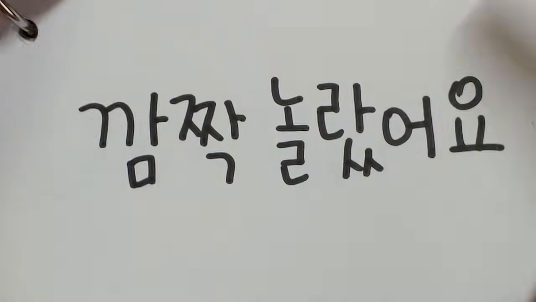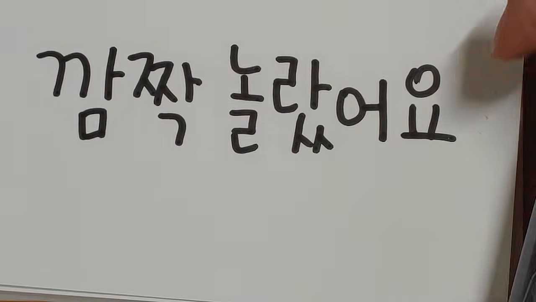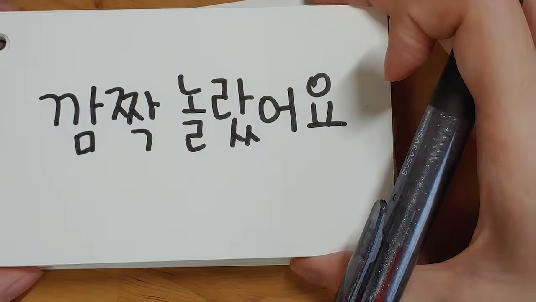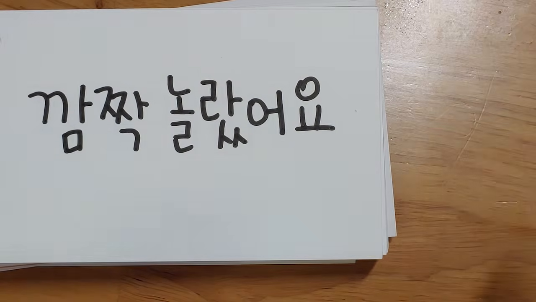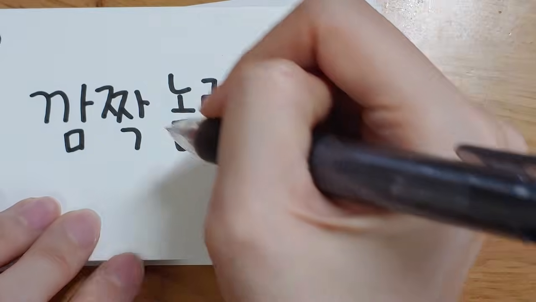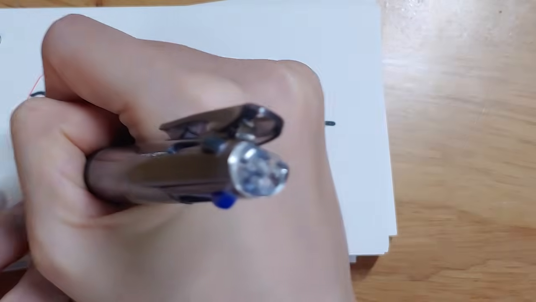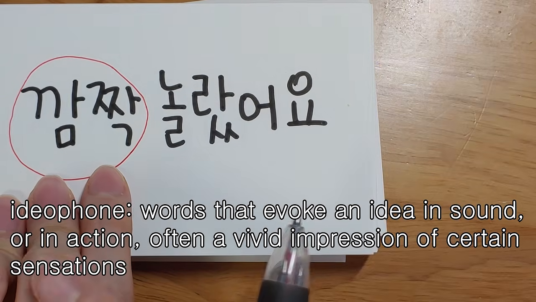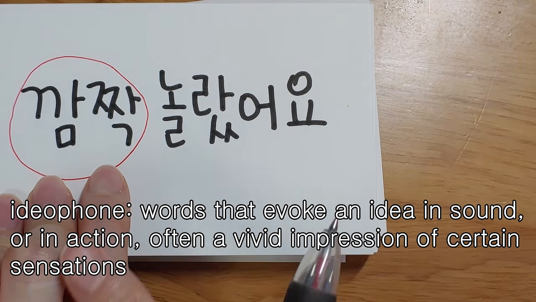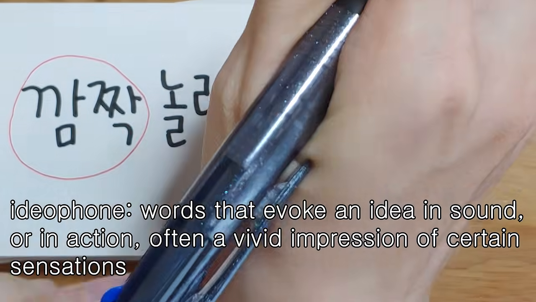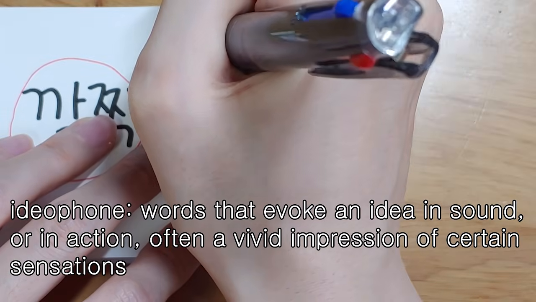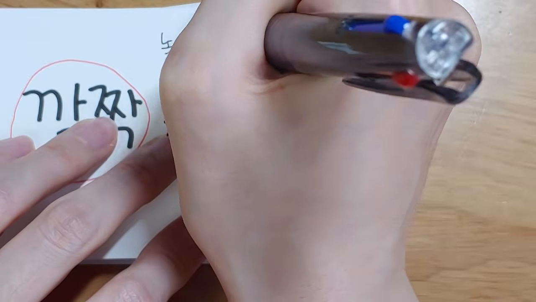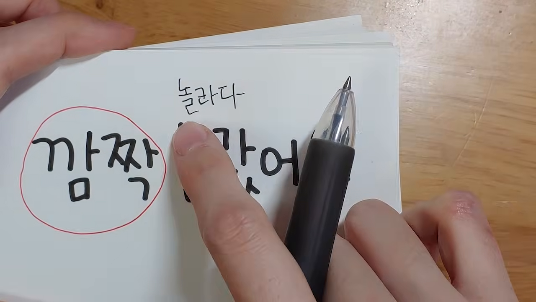And let's look at this expression. 깜짝 놀랐어요. And it means I was very surprised. Let's look at 깜짝 first. 깜짝 is kind of an idiophone that always follows the verb 놀라다, which means to be surprised.